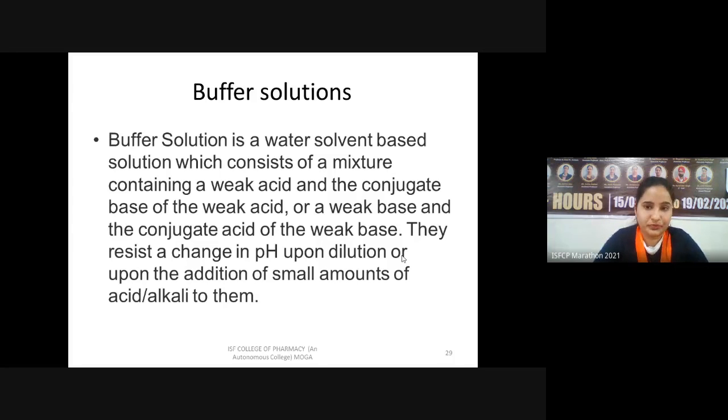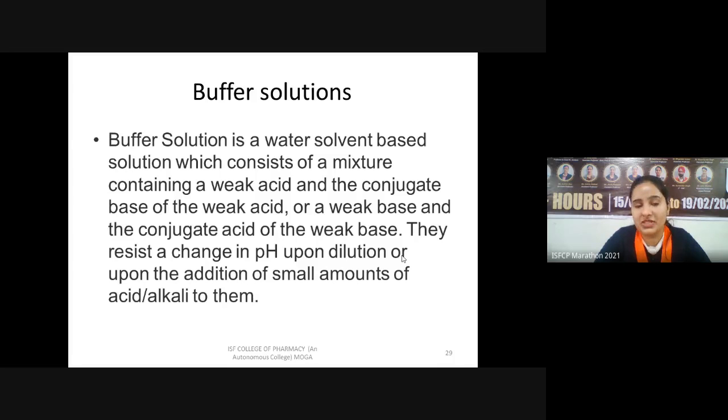Okay, so what are buffer solutions? A buffer solution is basically a mixture containing a weak acid and the conjugate base of the weak acid, or we can say that it is a mixture which contains a weak base and the conjugate acid of the weak base.